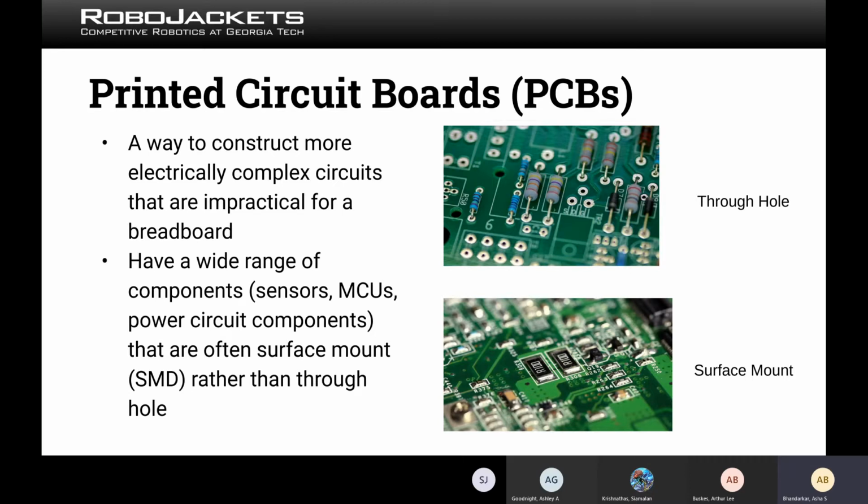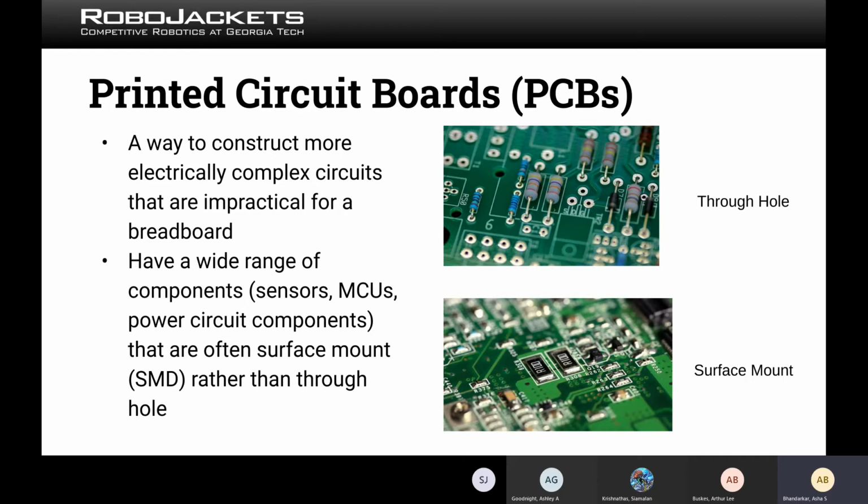On the side you can see 2 pictures. That's through-hole components and surface mount components. The through-hole components you're probably the most familiar with because we used them in week 1. You can see the resistors here that are through-hole, and they have the holes within the PCB.